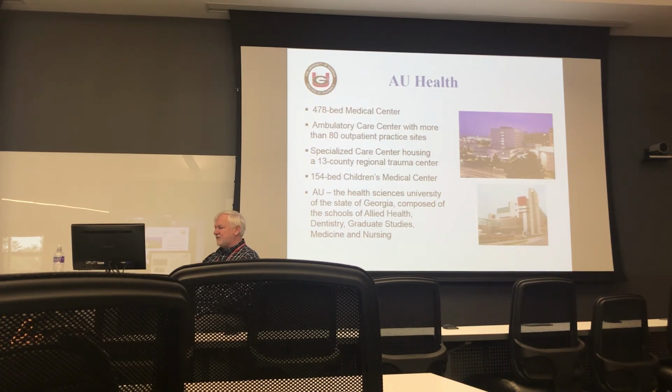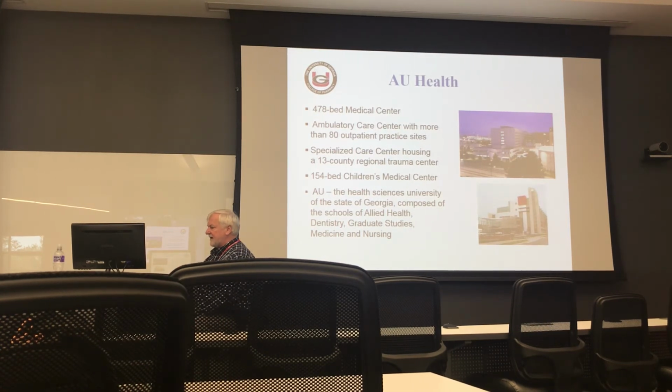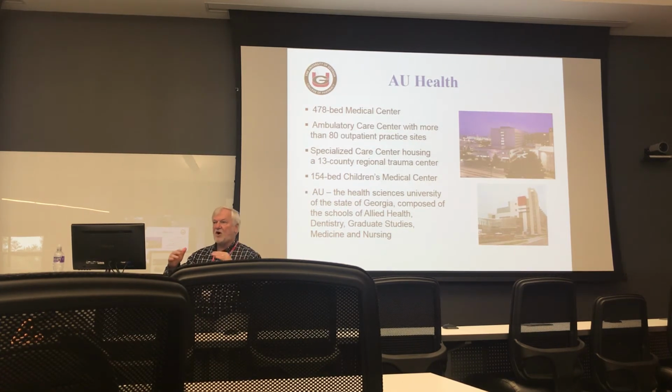A 154 bed children's medical center, which has the highest level NICU, neonatal intensive care unit. AU's Health Sciences University in the state of Georgia has postgrad schools of allied health, dentistry, graduate studies, medicine, and nursing. Notice that pharmacy is not on that list because pharmacy is not part of AU, Augusta University. It's part of the University of Georgia. There's a long history behind that. It's kind of interesting if you want to investigate that.